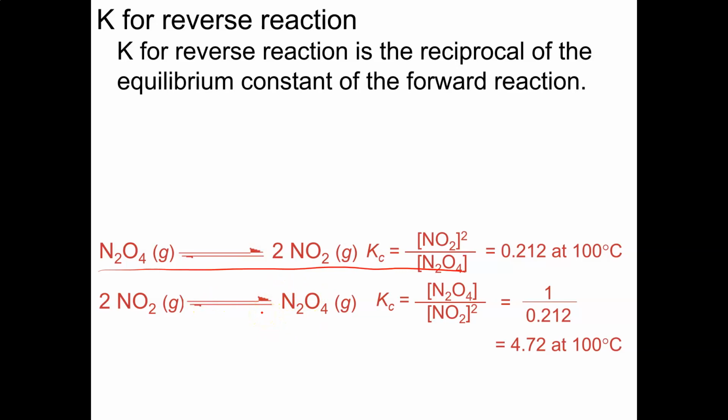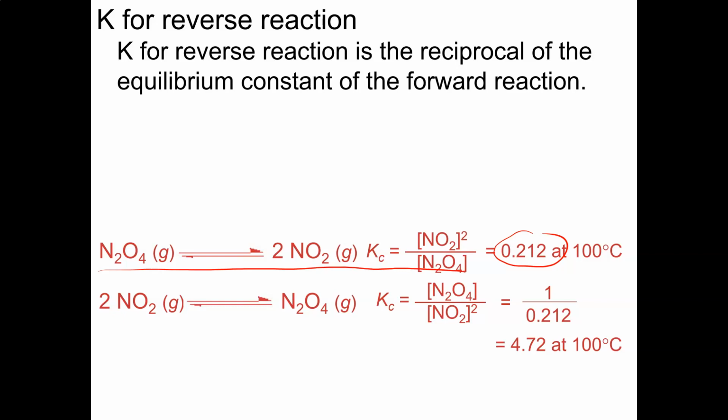Or you could remember that if this is the K for the forward reaction, the inverse reaction is just going to be the reciprocal of that, so 1 over K. So this is a twist between this and, let's say, Hess's law. When you flip a reaction for Hess's law, you change the sign from positive to negative or negative to positive, right? For K expressions, you don't change signs. You mathematically do something to them. So if I flip the reaction, it's going to be the reciprocal.